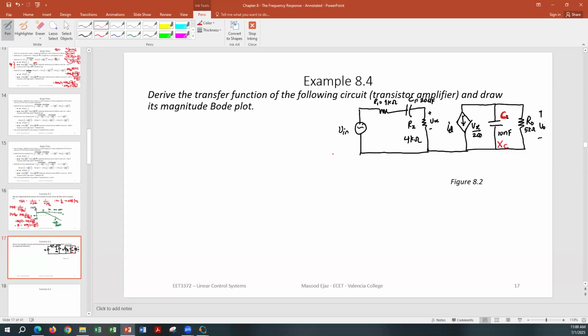So what will be the transfer function of this circuit? We are looking for V out j omega over V input j omega. How are we going to find the transfer function of this circuit?